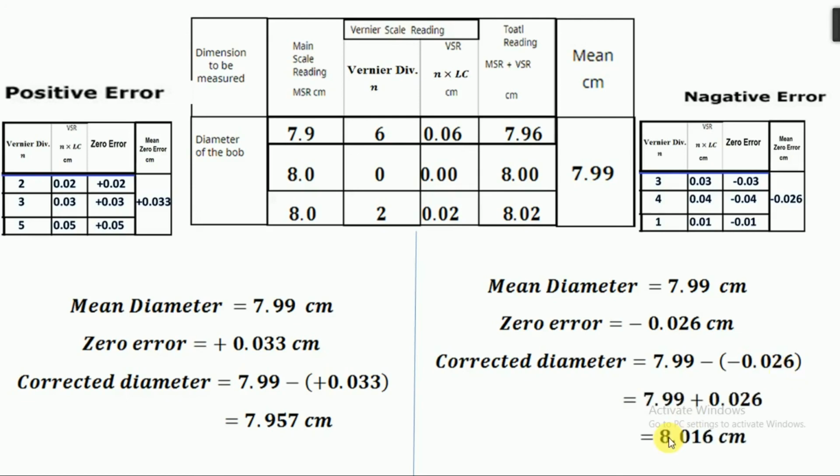The corrected reading is 8.016 centimeter. So here I have shown the correction of both negative and positive error, but in a real case we can have only either positive error or negative error, or sometimes we may have zero error also.